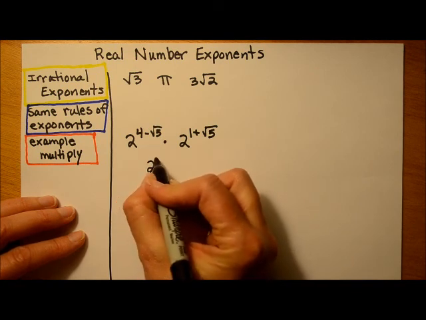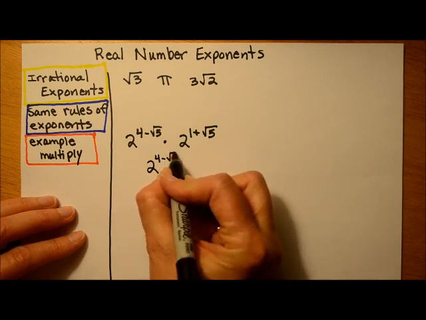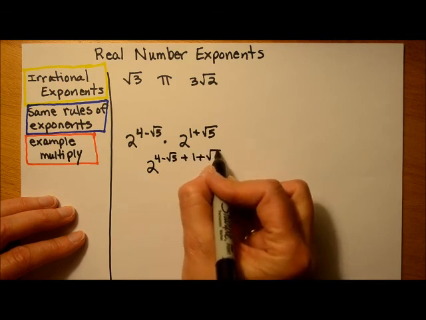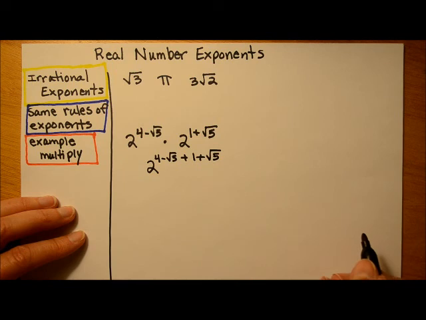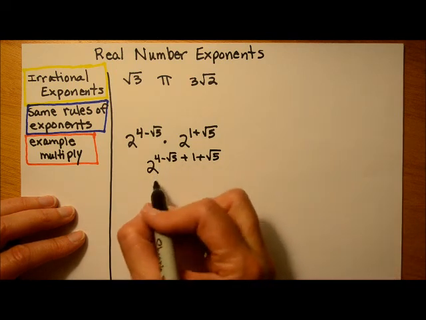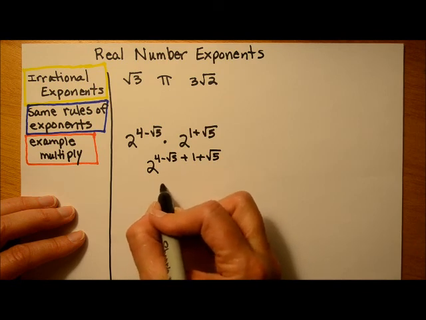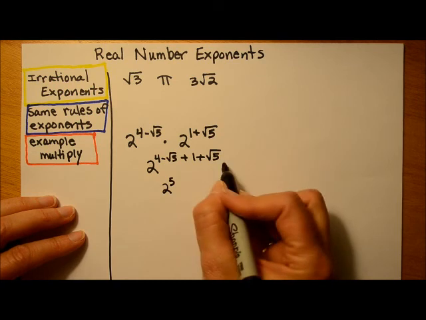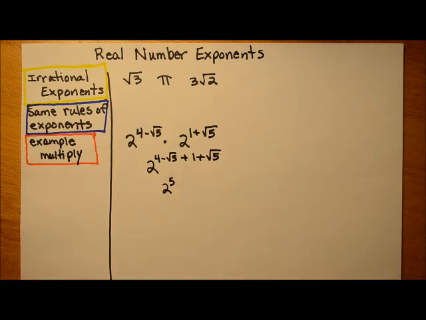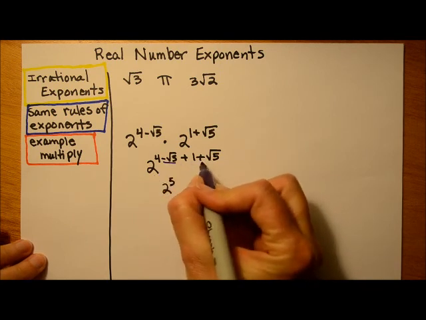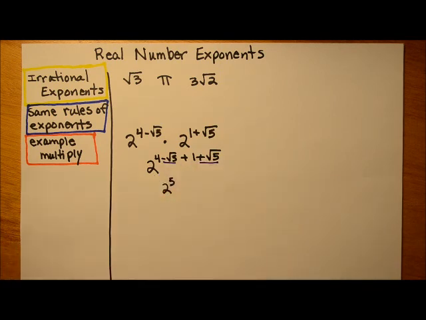So it's going to be 2 to the 4 minus square root 5 plus 1 plus square root 5. 4 plus 1 is 5. I have negative square root 5 plus square root 5, and that gives me 0, so I don't need to use it.